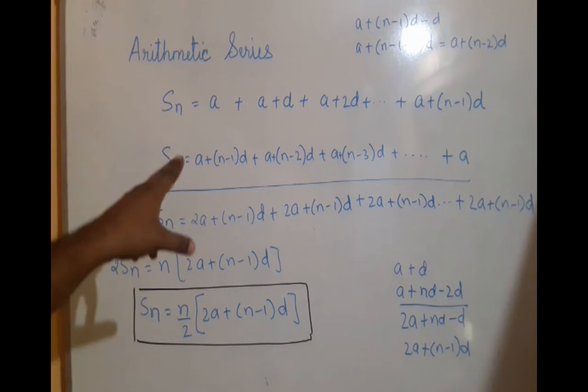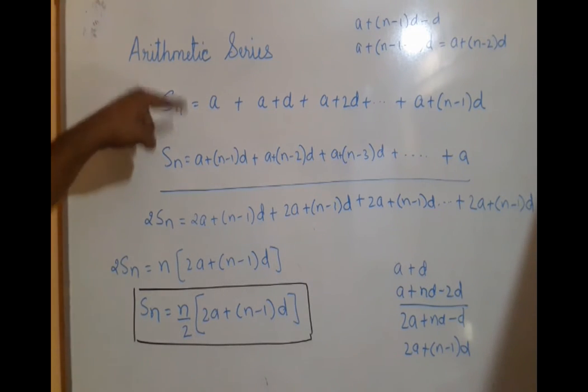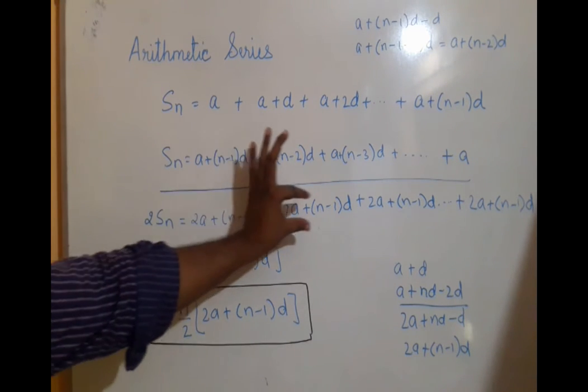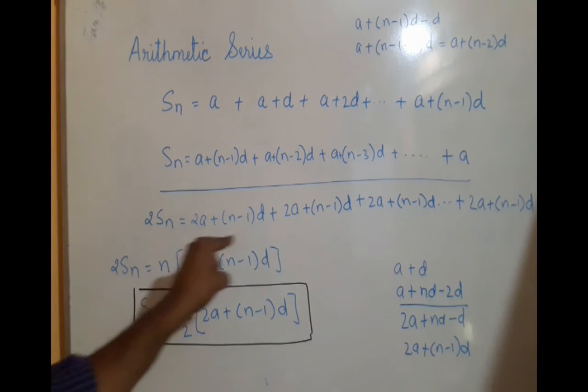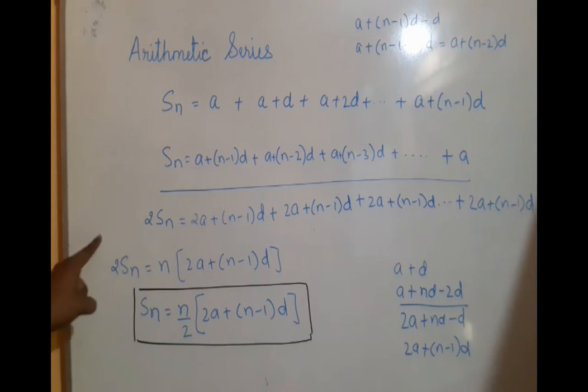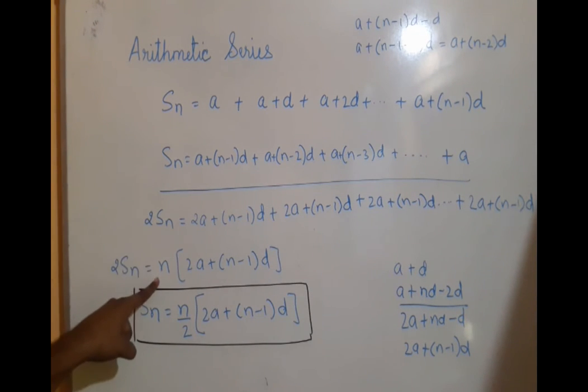And when you write the sequence in the reverse order and you add them, you get the same term over and over again. And how many times do you get the sum? N times. So we put the n as multiplication and the term, and dividing we get this formula, Sn equal to n by 2, 2a plus n minus 1d.